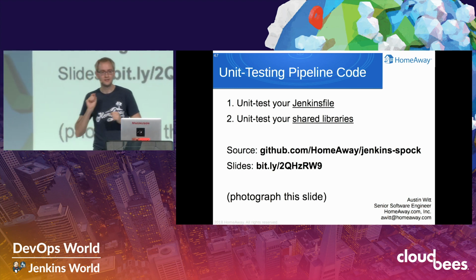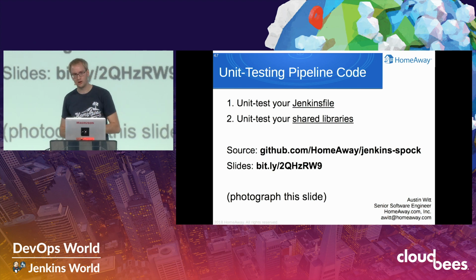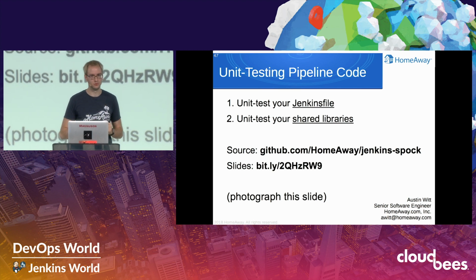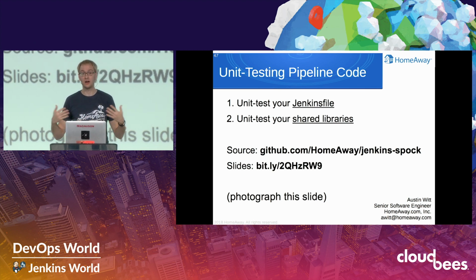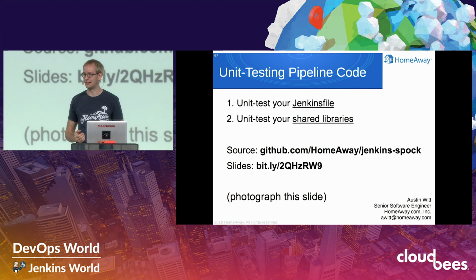Oh, declarative. Second question, does this work with declarative? Out of the box, no, because when you write a declarative pipeline, you're writing data that is fed into the declarative pipeline engine. You're not actually writing code directly. So let me also ask you, how do you unit test a YAML file? Doesn't really make sense.